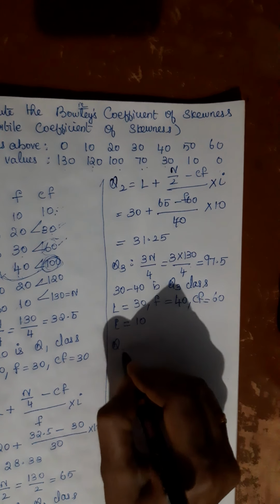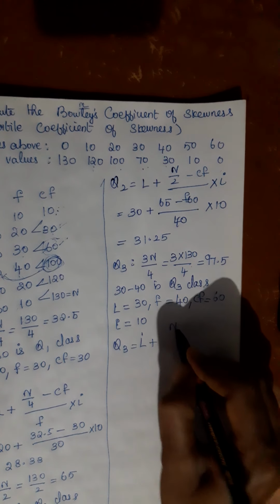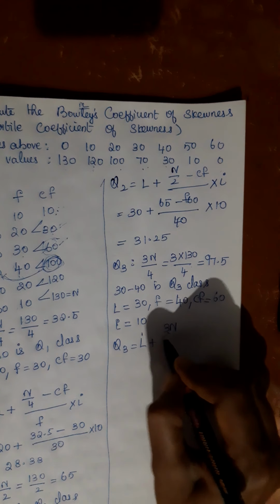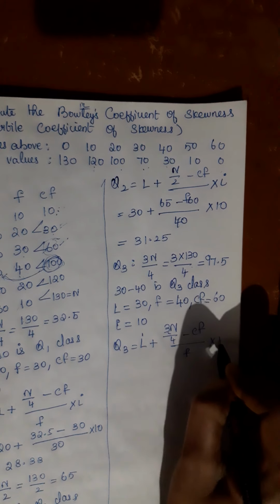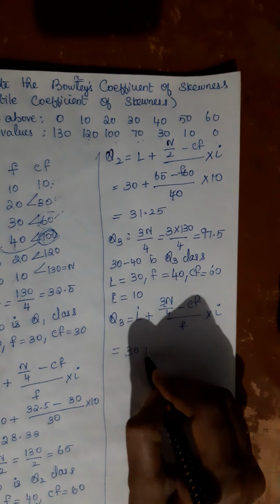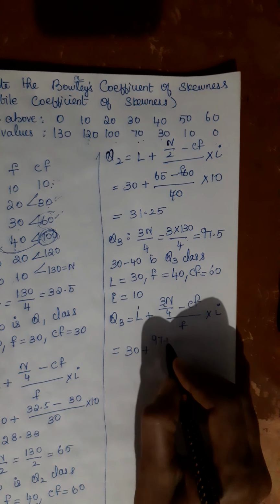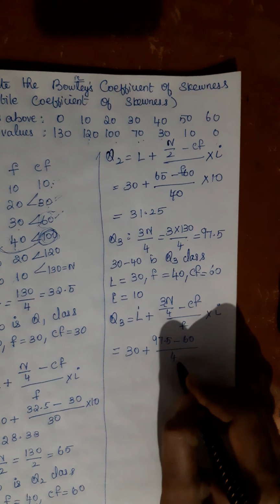Now compute Q3. The formula is L plus 3n by 4 minus CF, by f, into i. Your L is 30, 3n by 4 is 97.5, minus 60, by 40, into 10.